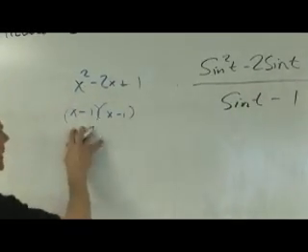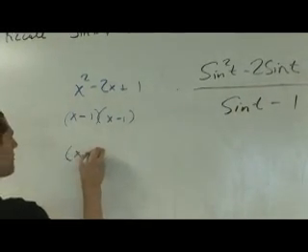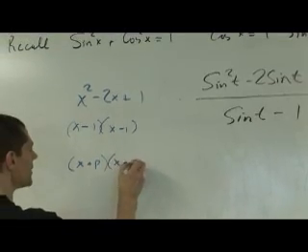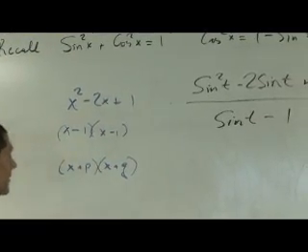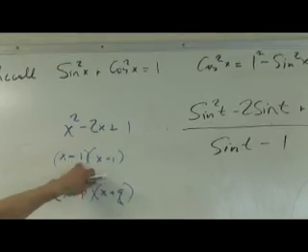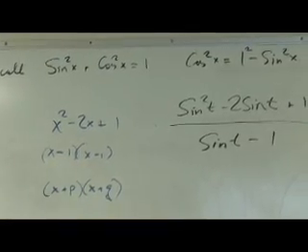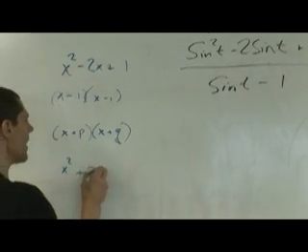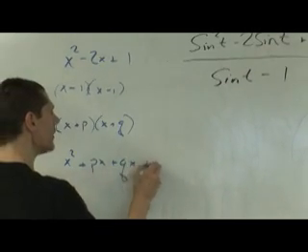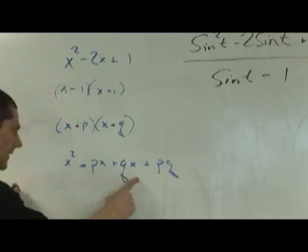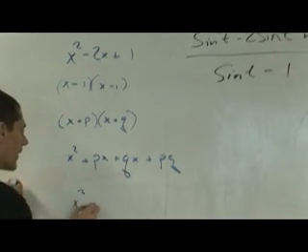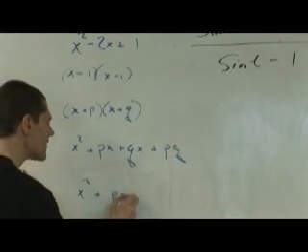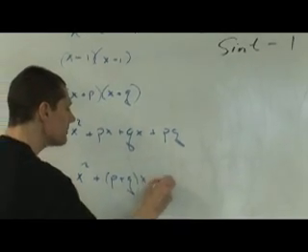We figured that this looks like x plus p times x plus q, and p and q can be positive. In this case, it's a minus sign, but that doesn't matter. So when you FOIL this out, you get x squared plus px plus qx plus pq. Factoring out the x, we have x squared plus (p plus q)x plus pq.